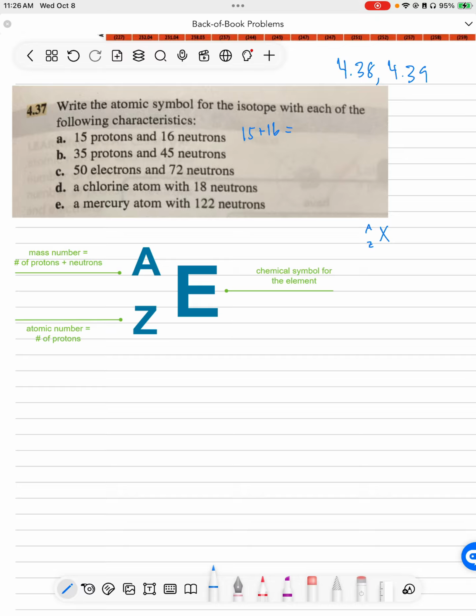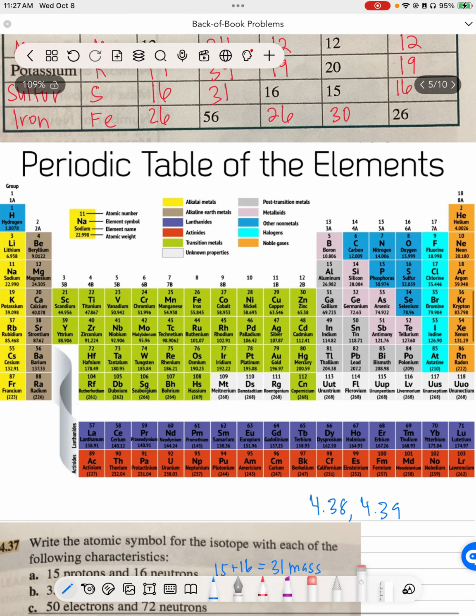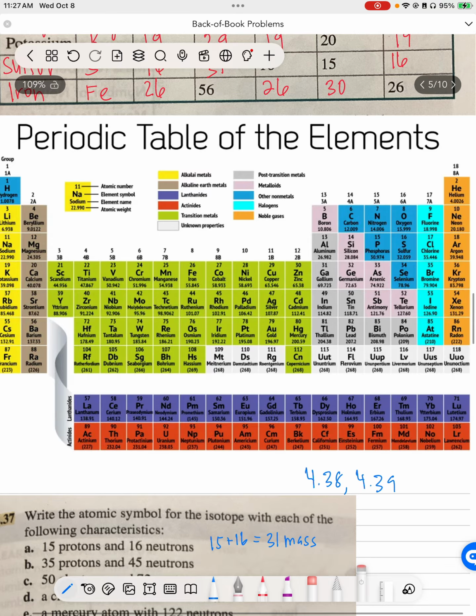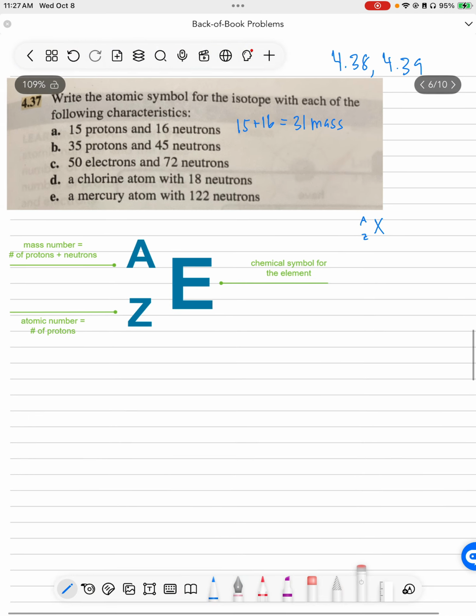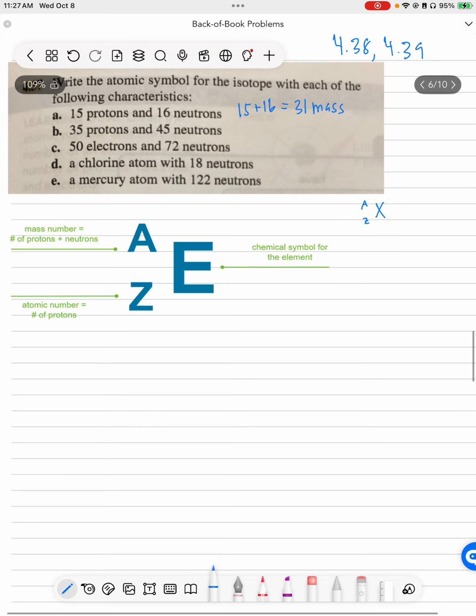So we have 15 protons and 16 neutrons, which gives us 31 as a mass. And then we need to go to our periodic table and find out who has 15 protons. So let's see, we have phosphorus. So now we know its symbol, which is important. We need to know its symbol.